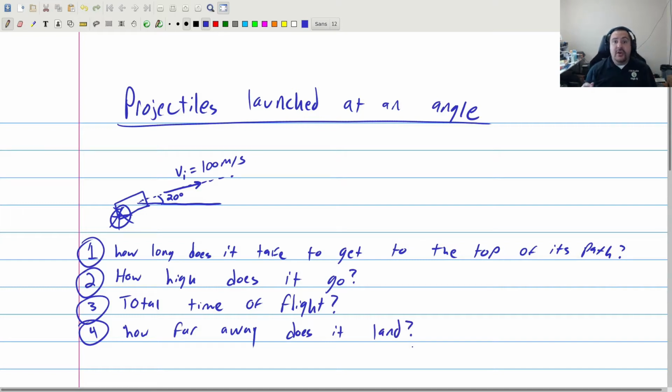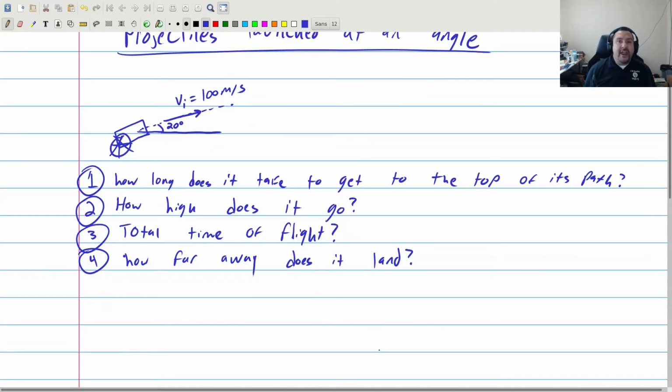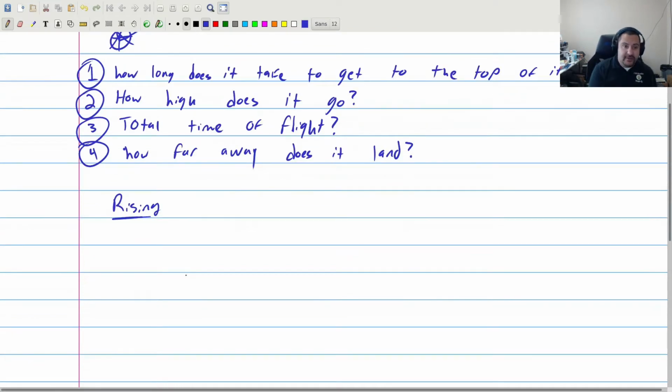Okay, so in order to approach this problem, the first thing I want to do is make a table of my values that I know. Oh, and by the way, I want to think only about either the rising section or the falling section. So this is similar to the vertical motion problems that we did a few weeks ago. So I'm going to look at first only at the rising section. And we're going to make ourselves a table of all the kinematic variables in both of the directions.